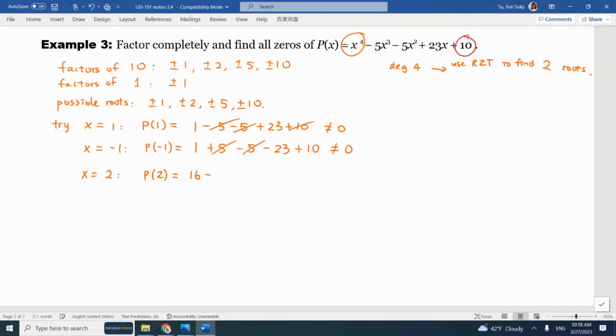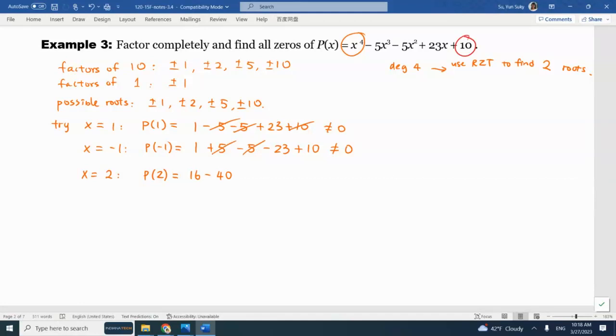And then minus 5 times, what's 2 cubed? 2 times 2 is 4. 4 times 2, 8. 8 times 5? 40. So minus 40.